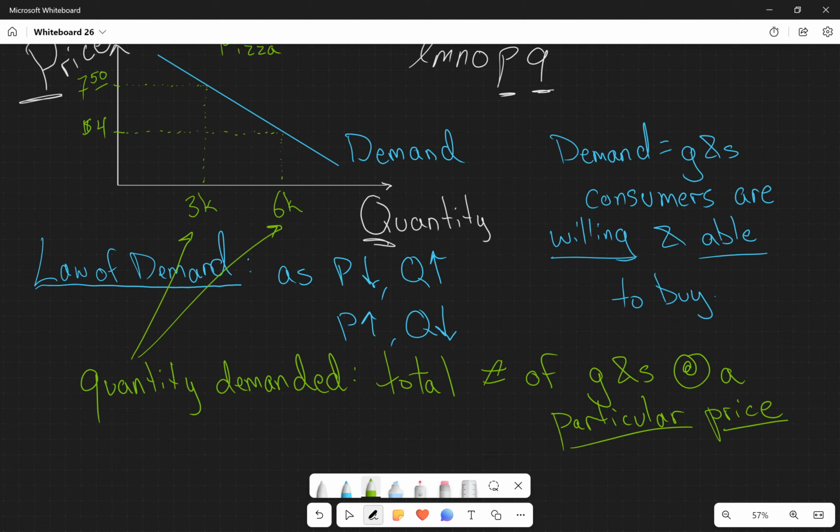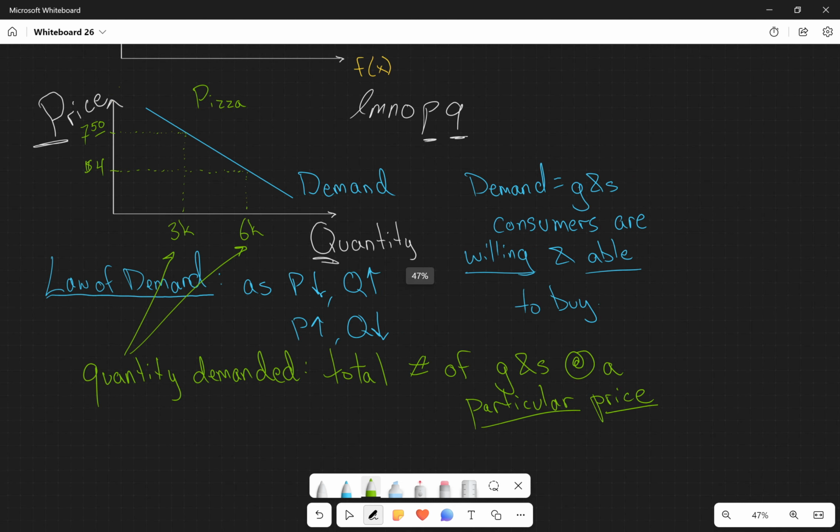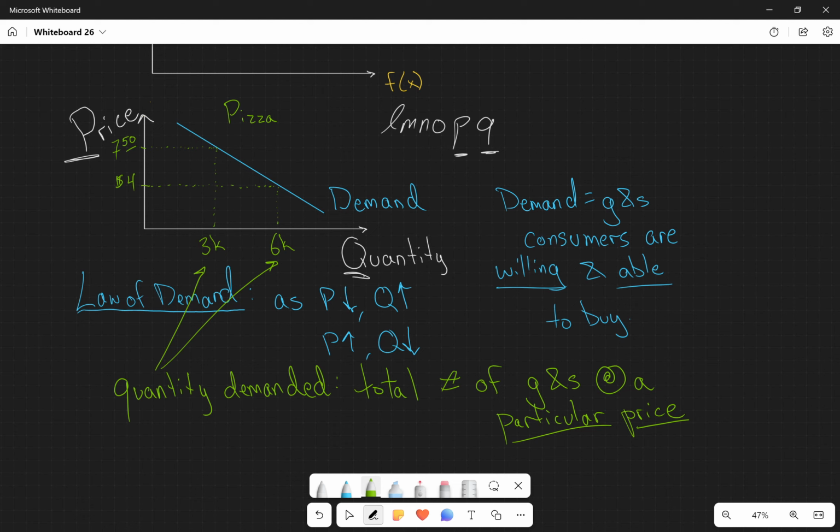When we talk about the demand curve writ large, the demand curve is a schedule of all of the quantities demanded at different prices. So we also think of these things as schedules. So you'll sometimes see that referred to, because it could be in a table format, right?